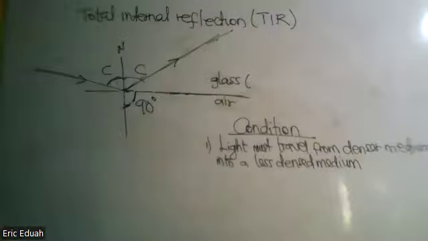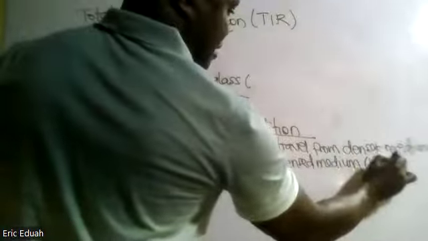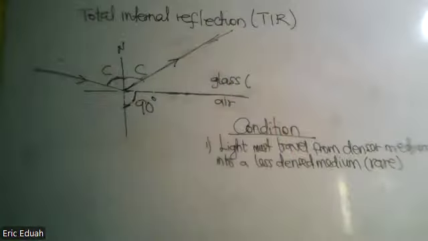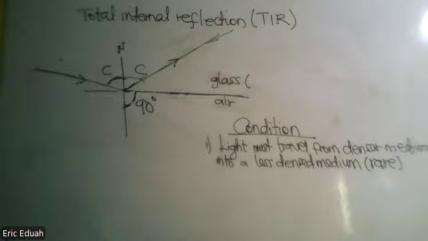Other books, instead of less dense, often use rare medium. So a rare medium is a less dense medium.